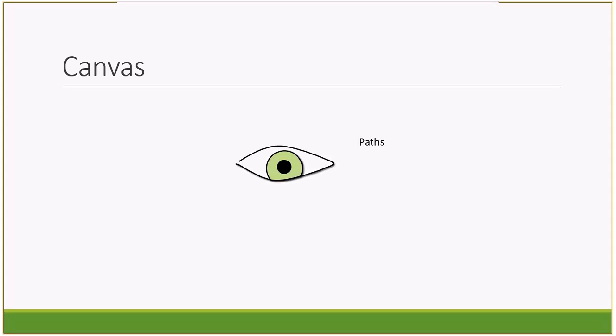This is me using Inkscape, so I'm not a very good artist. That's why I love Syncfusion. But we'll take our paths and we'll put them onto a canvas. In the example that we just looked at, I was using a grid, but a canvas control works really well in cases where I want to have explicit control over where the points fall.